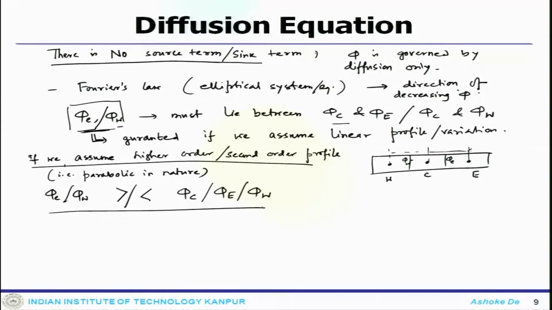So, the higher order assumption can lead to a situation where the surface variable can overshoot or undershoot from the centroid variables, and this can happen due to the absence of source term or sink term.